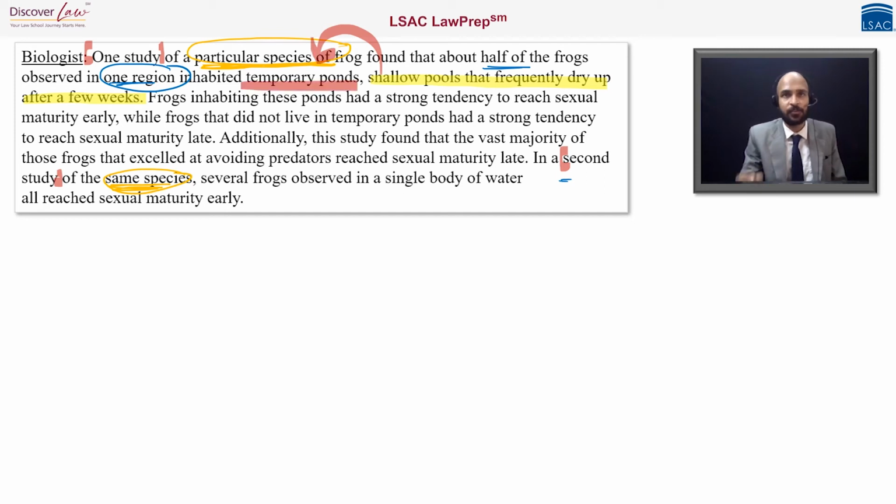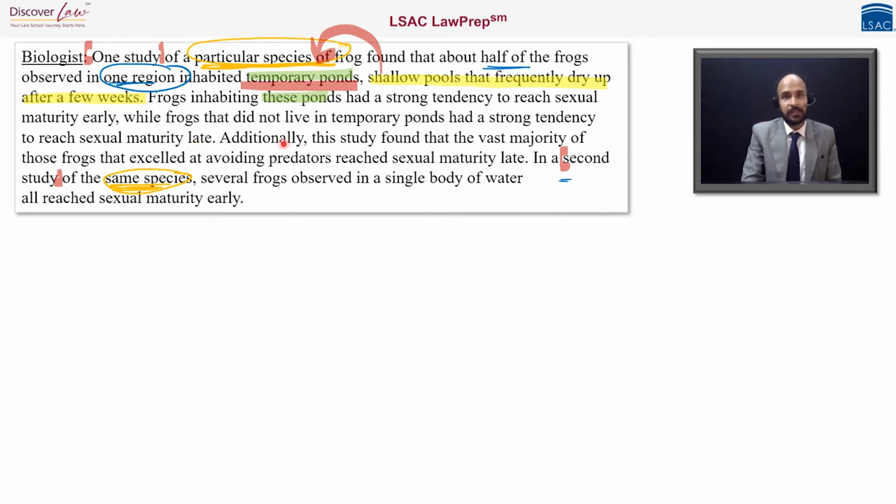It says frogs inhabiting these ponds, which means frogs inhabiting temporary ponds, had a strong tendency to reach sexual maturity early, while frogs that did not live in temporary ponds had a strong tendency to reach sexual maturity late.